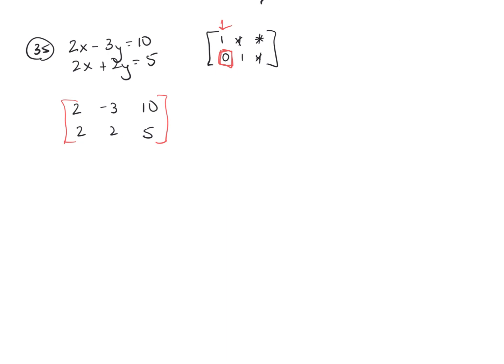Nobody cares. I'm just seeing it'll be a lot easier right now if I just take row 1, multiply it by -1, and then add it to row 2. I just see that 0, and it makes me very happy.